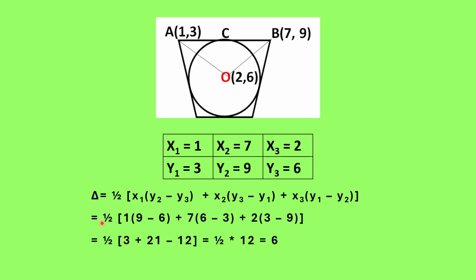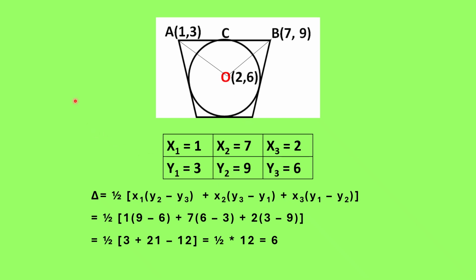So we get 1 into 3, that is 3, plus 7 into 3, 21, plus 2 into minus 6, minus 12. So half of 12, that is 6. The area of the triangle OAB is 6 square units.